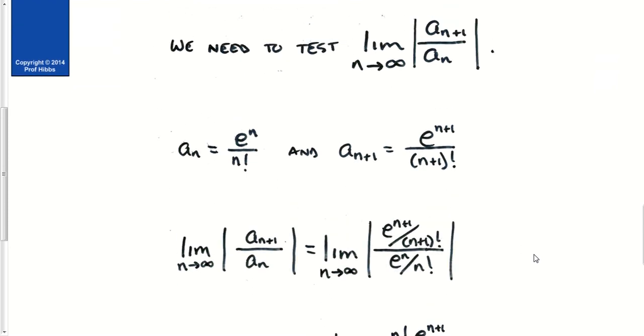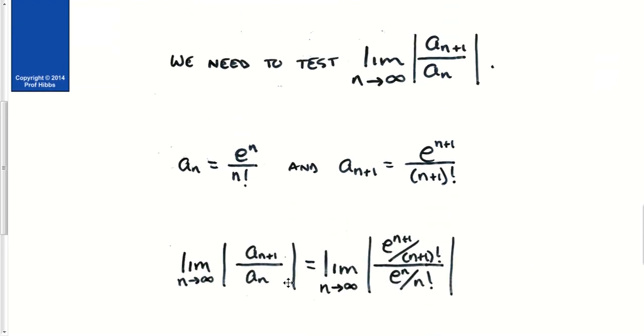So what we need to do is calculate the limit of the absolute value of that fraction. The a sub n plus 1 is this expression, e to the n plus 1 divided by n plus 1 factorial, over the a sub n term, and of course the a sub n term is e to the n over n factorial. So that's what we're working on. Now the work starts here.